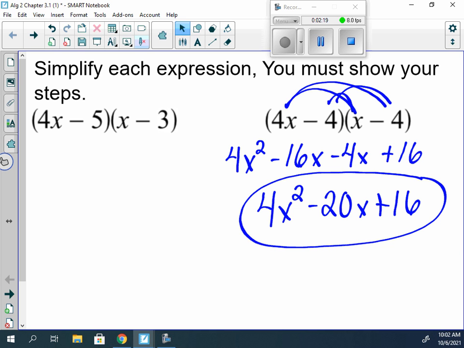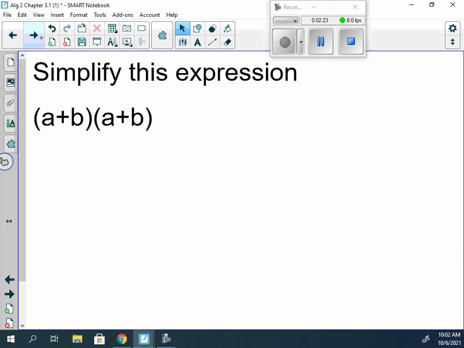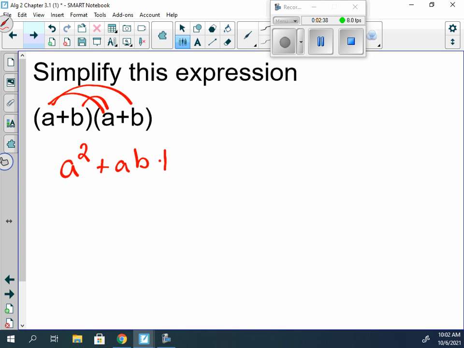Any questions on this here? Now this here, we could go on and simplify it if we wanted to, and if we did this, well, it would be a times a is a squared. A times b is ab. B times a would be ba, or we can just say ab, because we can multiply any two things in any order.